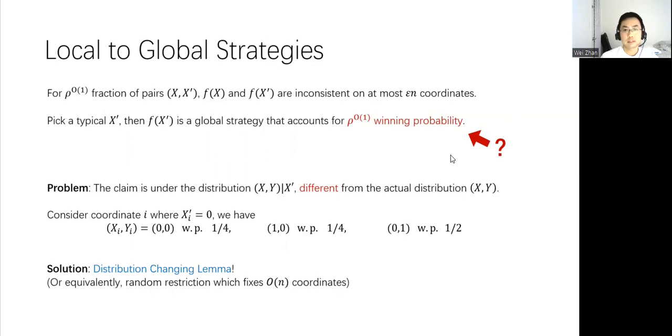Or equivalently, what we can do to fix this distribution is a random restriction, and it only fixes a linear number of coordinates, and we still have a linear number of coordinates to spare. And now we find a global strategy for the first player. We can do the same for the second player and the third player, and that completes the proof.